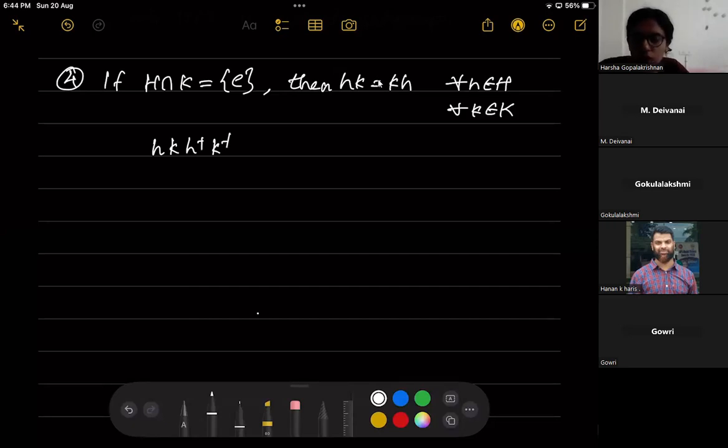My plan is to prove that this belongs to H and this belongs to K. I'm writing it as h, k h inverse k inverse.